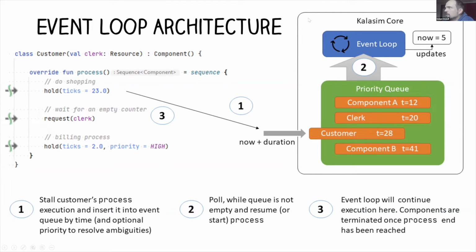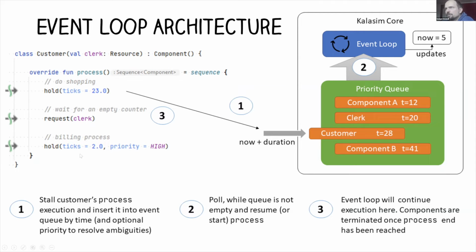And what the engine is actually doing is processing the list of future event triggers in an ordered way from top to bottom. So it will then proceed with the next component, which is scheduled for time 12, and will continue its execution. And once it's time for our component at time 28, it will proceed until it reaches the next suspendable point, which could be a request, because a request might not be honorable right away.